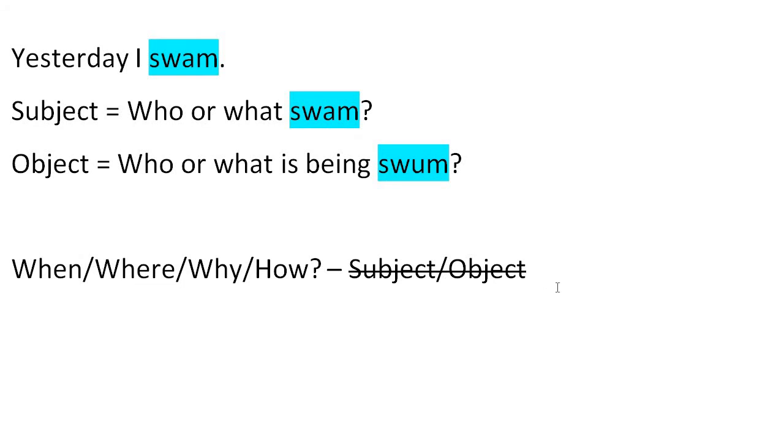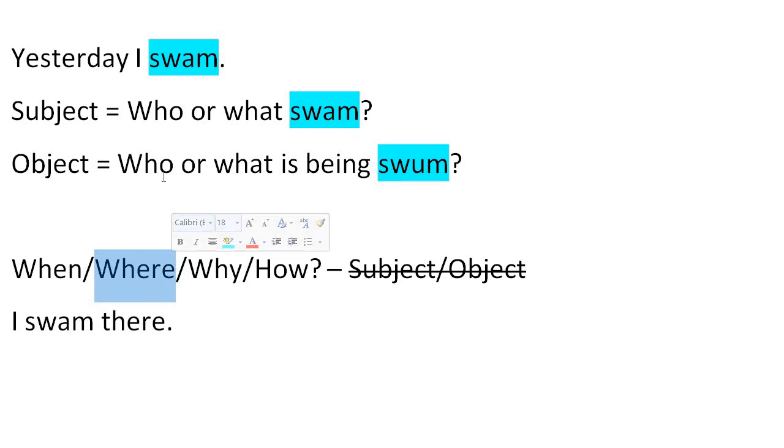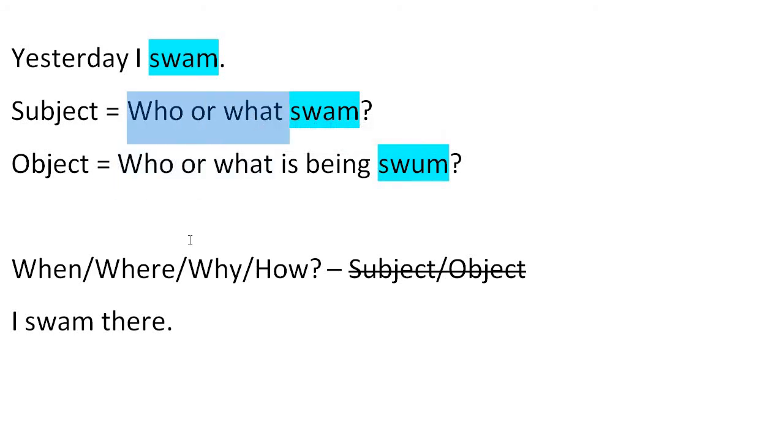Okay? And I can even say something like I swam there. Right? There will not be an object because it is answering the question where. It is not answering the question of who or what. And this is the key to finding the subject and the object, is who or what. If it's not who or what, it's not going to help you.